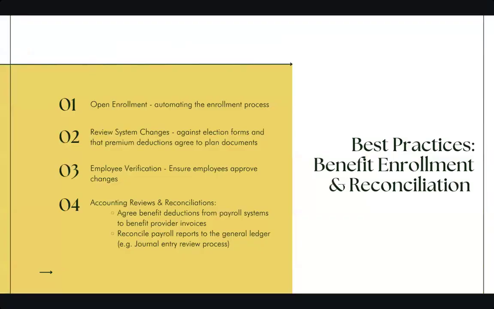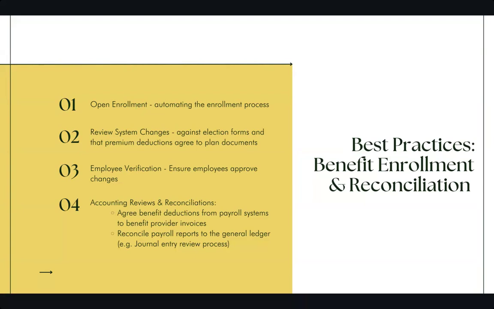This last section here is on benefit enrollment and then the reconciliation process. So here are key areas within the benefit enrollment process, and some recommendations on benefit enrollment. So this includes specifically, go through the open enrollment process, making sure that it's automated.